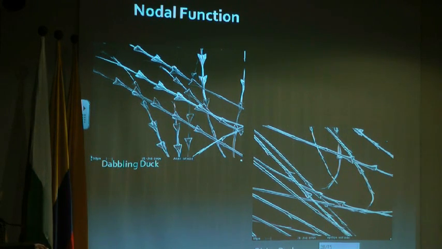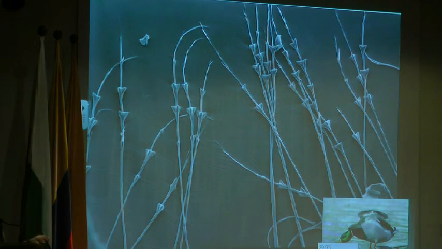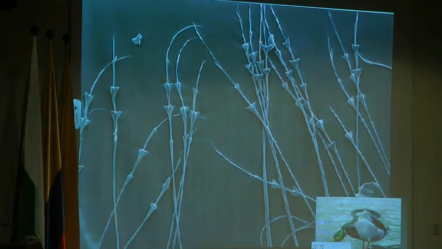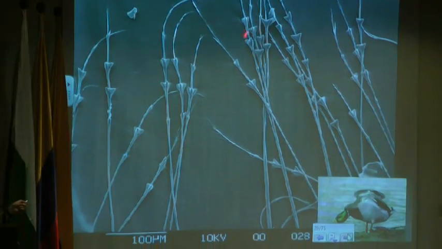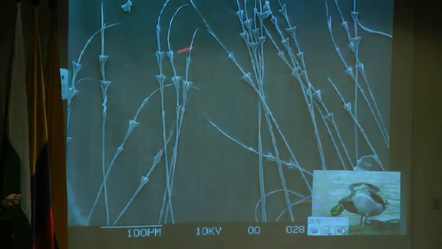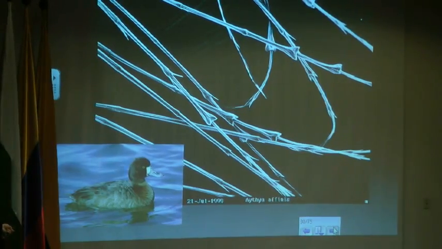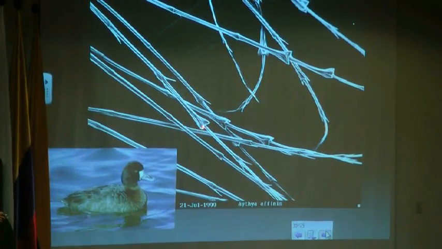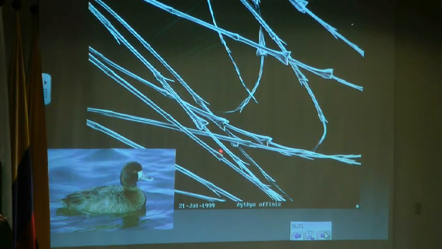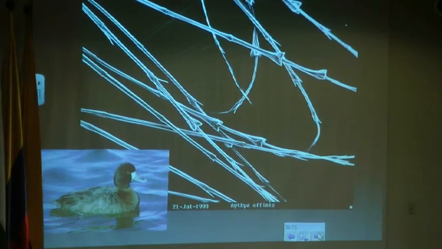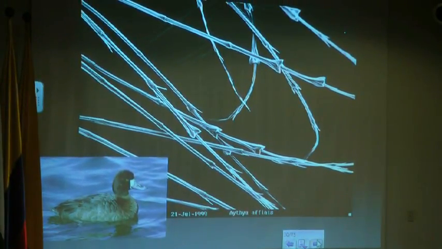So the ducks have birds that feed on the surface. They're the dabbling ducks. And then there's some diving ducks that go deeper. And we did some measurements and we looked at the microstructure, and things like mallards and the dabbling ducks have a lot of these nodes on every barbule that you look at, whereas diving ducks have these nodes and they still have the diagnostic characters, but they are fewer on each barbule, and not every barbule actually has that expanded node on there.